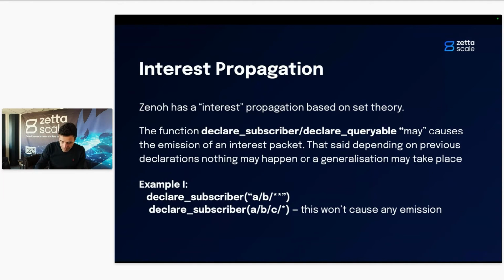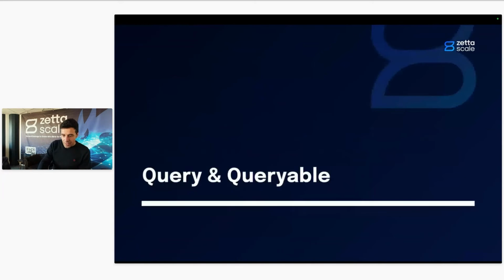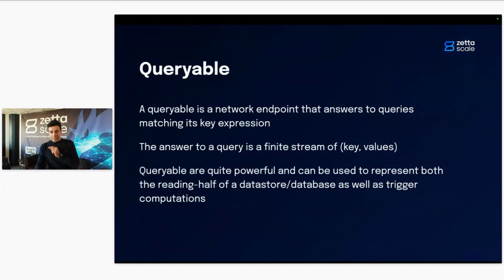Okay, so let's keep moving, and let's go now to query and queryable. So as we saw last time, a queryable is an endpoint that answers a query matching a given key expression. And differently from a subscription, the answer to a query is typically a finite stream of key value, although even there you can get very creative, okay?